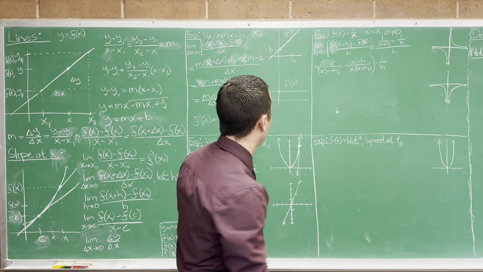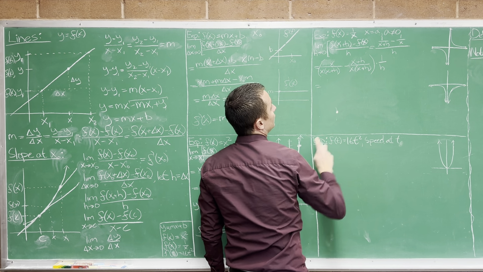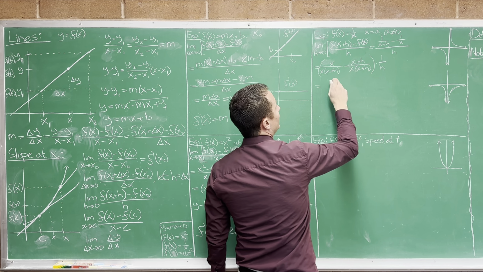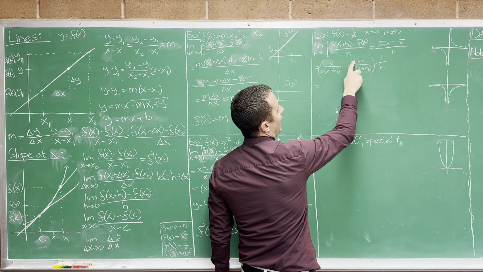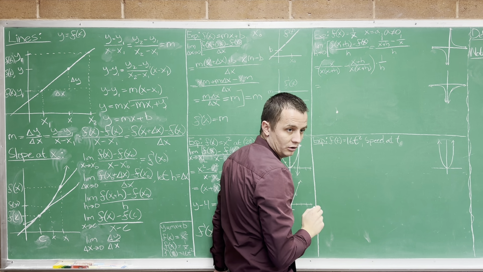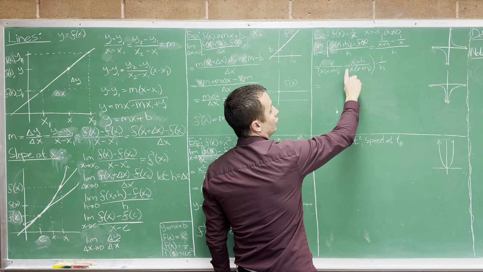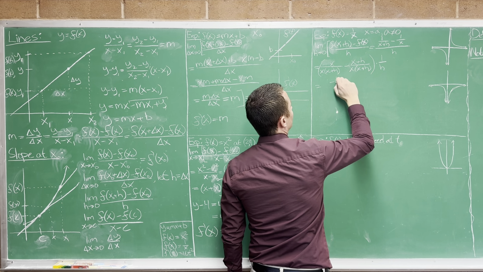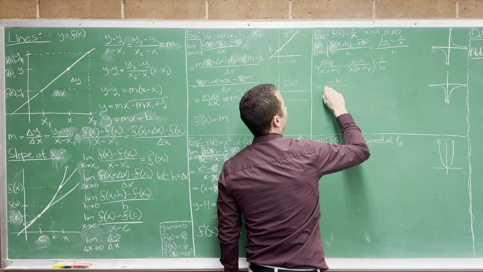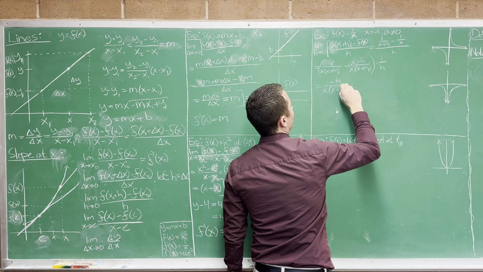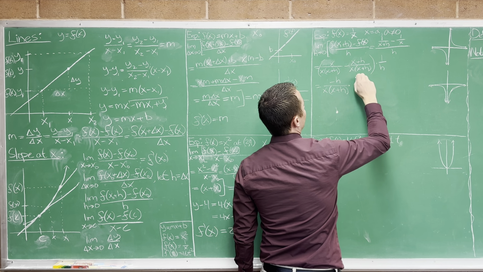Okay, so now this is equal to, we now have a common denominator, so in our top here I have x minus x plus h. Distribute your minus. So we get negative h all over x times x plus h all times 1 over h.